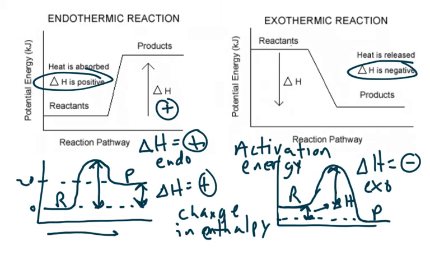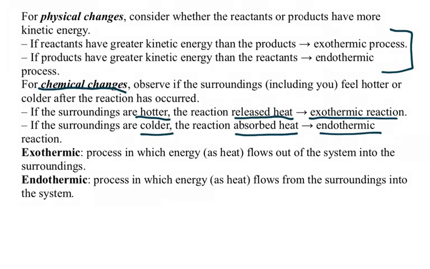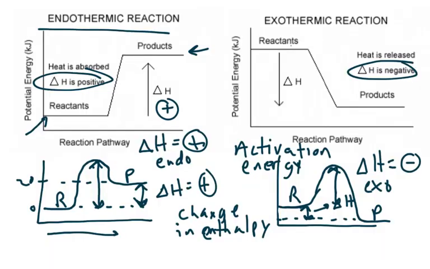So going back, if you see in the endothermic, notice how the products are higher than the reactants. So if you go back here, notice when we said it was endothermic, you see the products are higher than the reactants, and that's represented by that graph. Now, look at the exothermic over here.